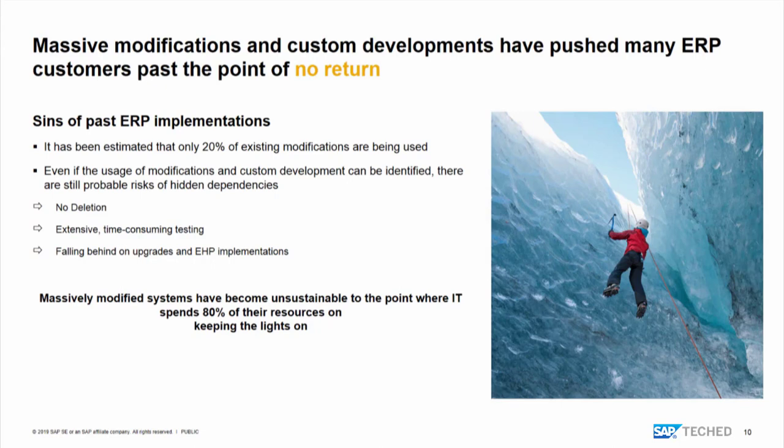What we are seeing now is, it is estimated that there are systems that are heavily modified, and then you need to ask yourself the question, is this code still something that I need today, right? If you have very specific business processes that are tailored, you need to look at the best practices today and see, maybe at that time we did this modification because this functionality was not there.